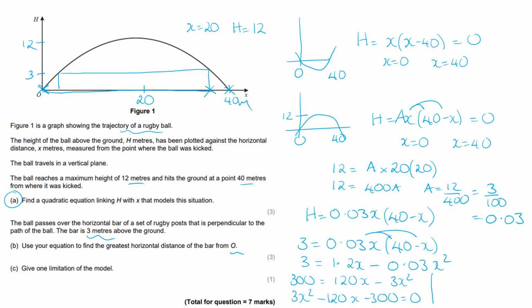And then if we divide by 3, x squared minus 40x minus 100 is equal to 0.